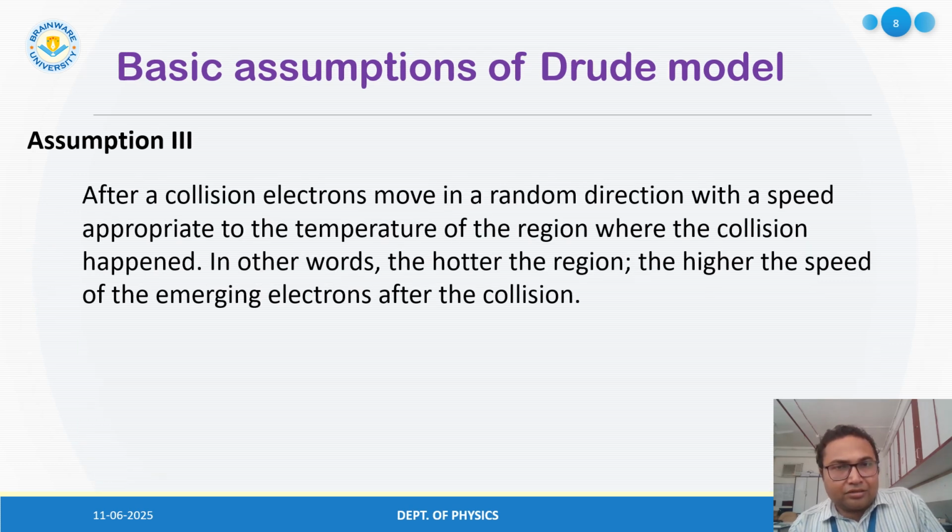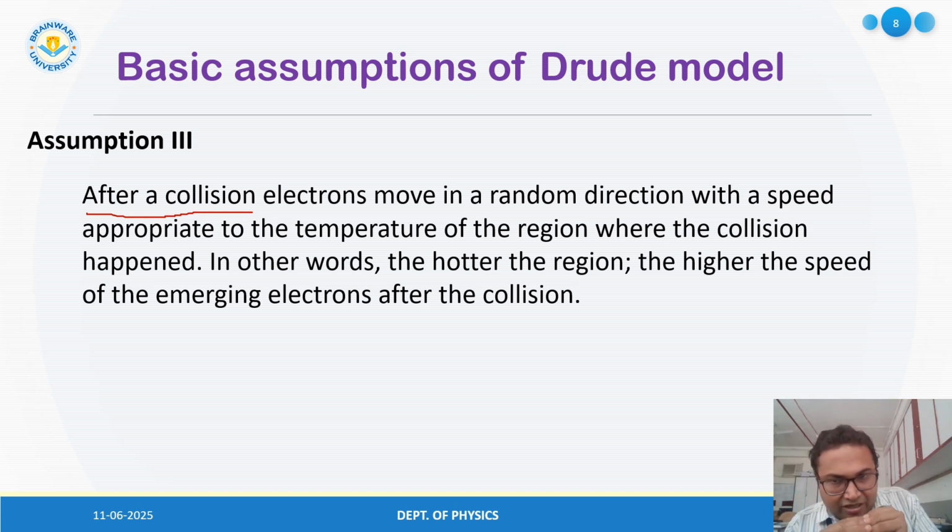And then there is another one, the third assumption, which will be the last topic for today. The third assumption is that after a collision, electrons move in a random direction with a speed appropriate to the temperature of that region. That means the speed of an electron after collision does not depend on what the speed was before the collision. The previous memory is completely ignored.